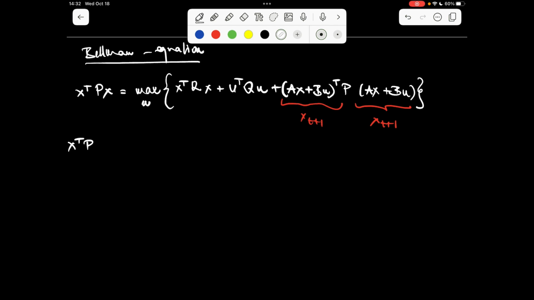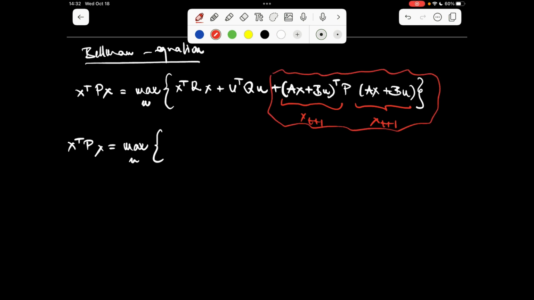So I am writing the same equation, but now in an expanded form, because this part is problematic because of the brackets. So it's going to be easier for us to state the first order conditions on the basis of an expanded Bellman equation.